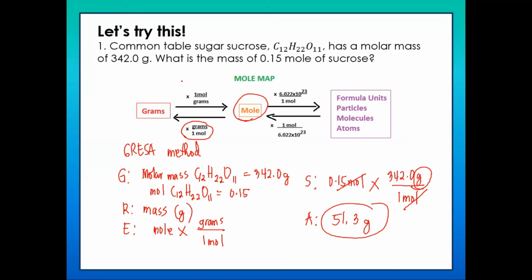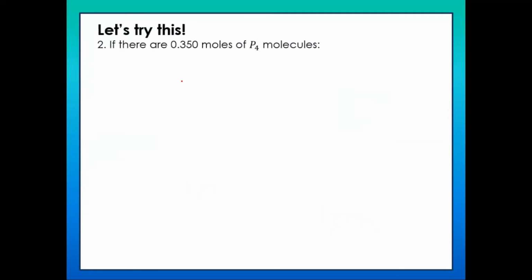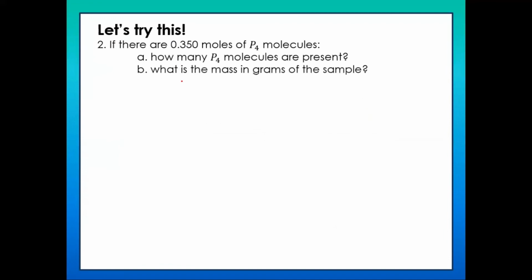Now let's have another example para mas lumalim ang pag-intindi natin when it comes to mole concept and how we can properly use the mole map. So let's have number 2. If there are 0.350 moles of P sub 4 molecules, okay, so A, how many P sub 4 molecules are present? B, what is the mass in grams of the sample, which is your P sub 4 molecules?